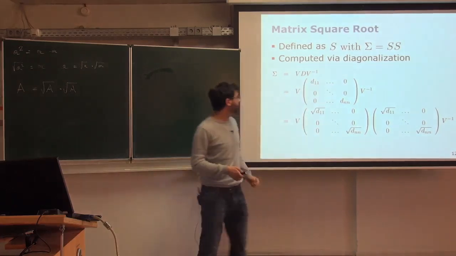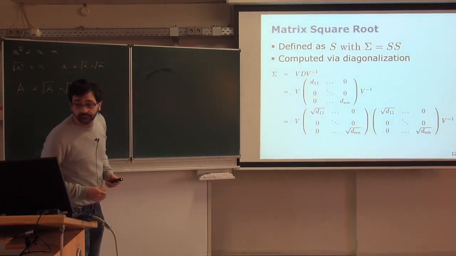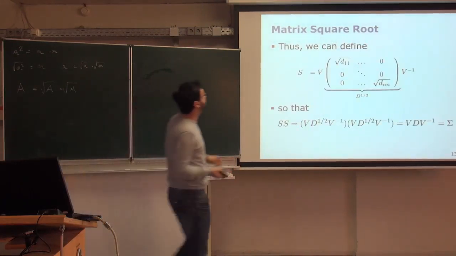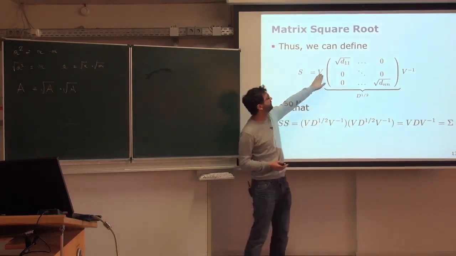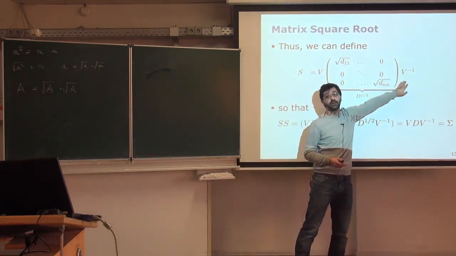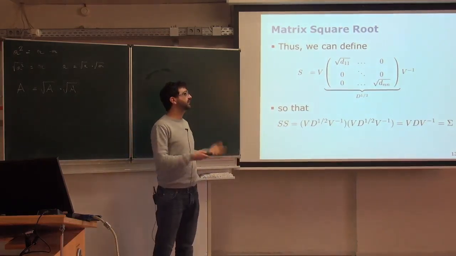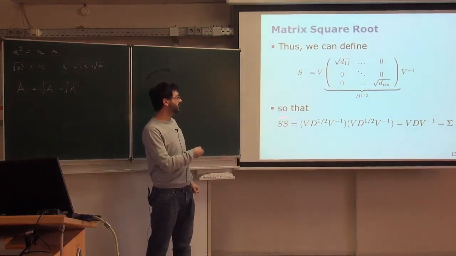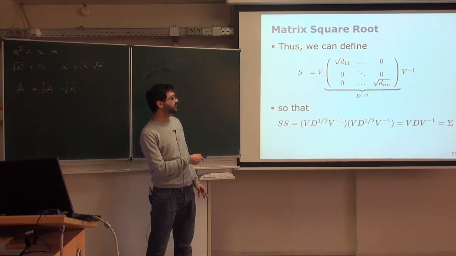Now, if we write it in extension, we can define that our matrix S is just V, the square root of my diagonal matrix, times V minus 1. Okay? This is done by construction, so you can just expand the product of S with itself, and we will see that this is equal to V times the square root of D times V minus 1 times, again, the same one.